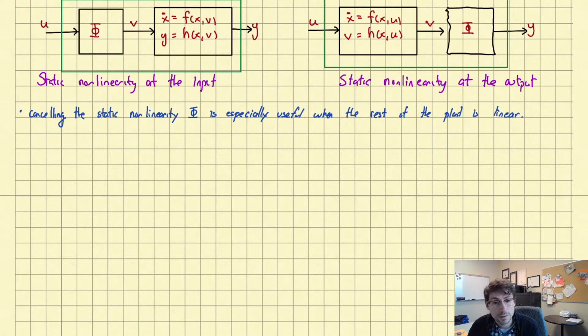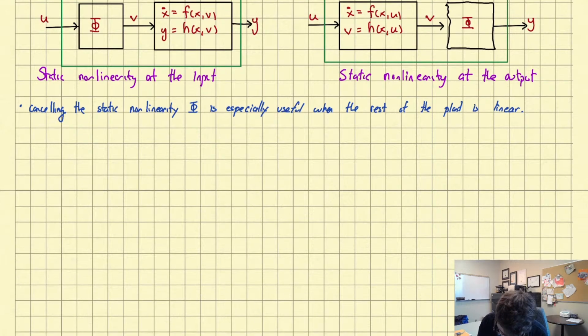In other words, instead of having those nonlinear state space models inside of the green boxes above, you have an otherwise linear system, right? Because then after you cancel the effect of phi, this static nonlinearity, you now have a linear system to work with. Okay, so let's do an example.